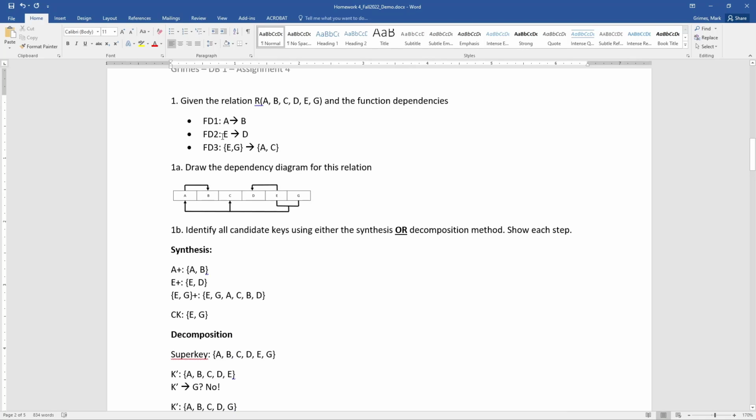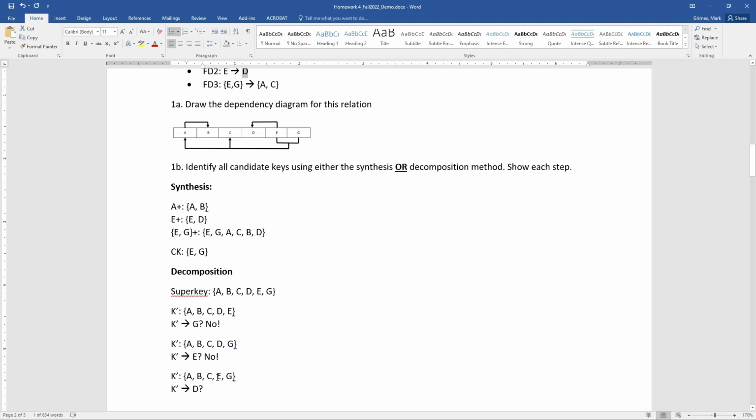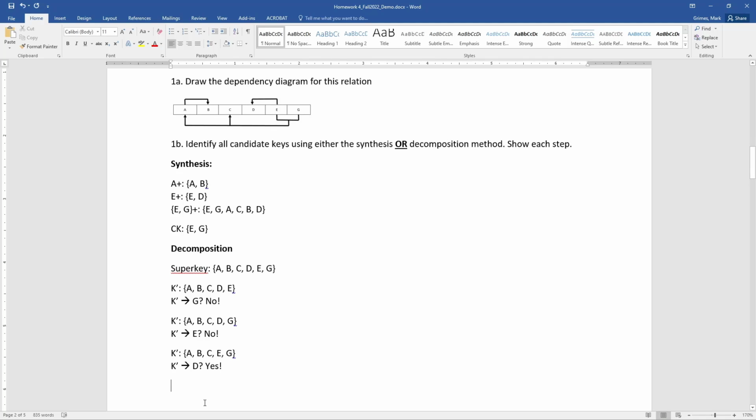Well, it looks like as long as we have a value of E, we can use E to functionally determine D. And we have E, so that means we do not need D. So this set A, B, C, E, G is a superkey even without this attribute D. So we can get rid of that. We don't need that to remain a superkey.